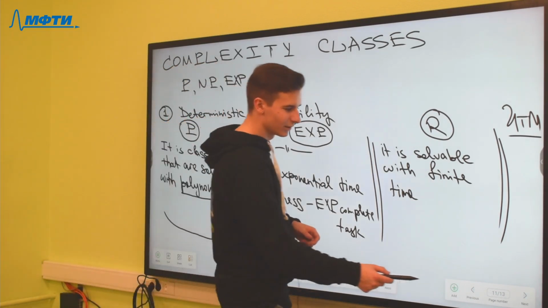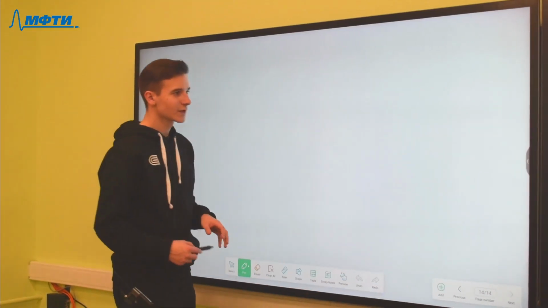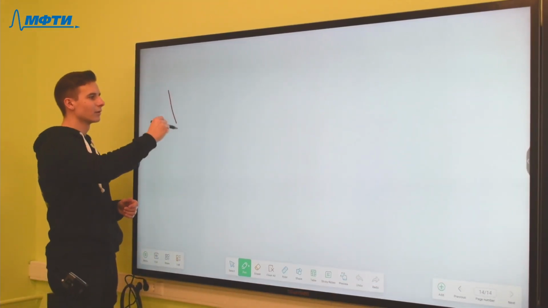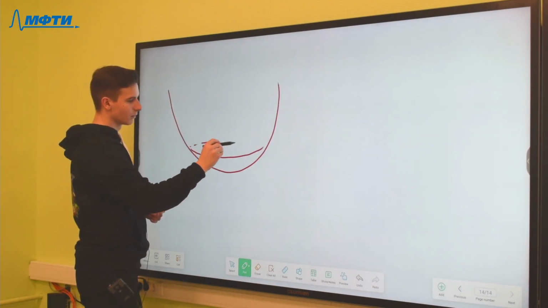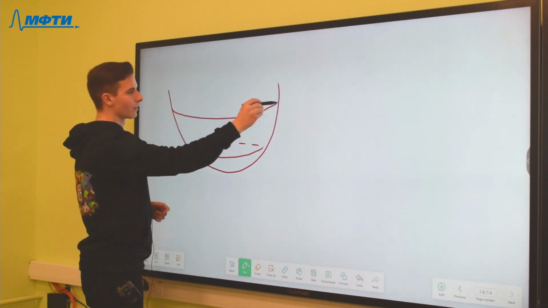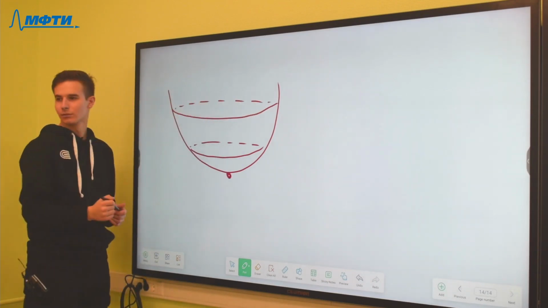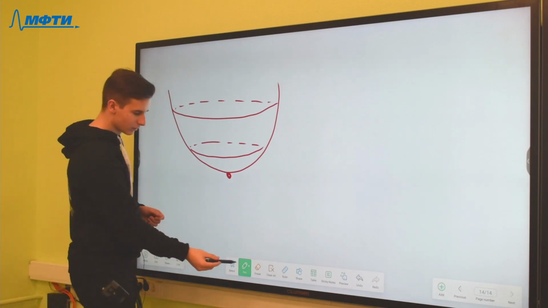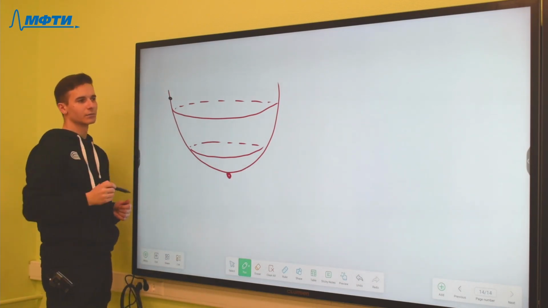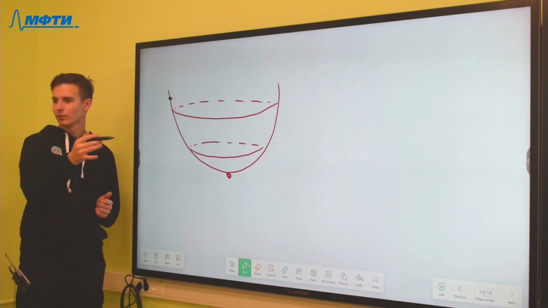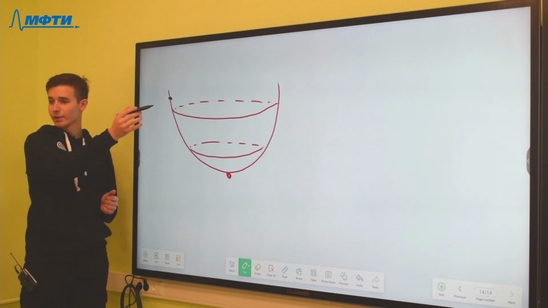We can draw it like, for example, if you try to find the minimum point, and you start with 1 random point on the wall.